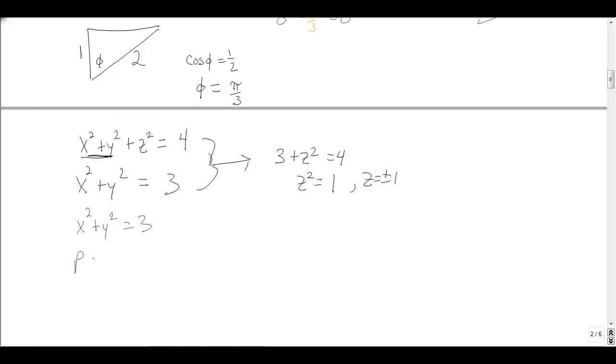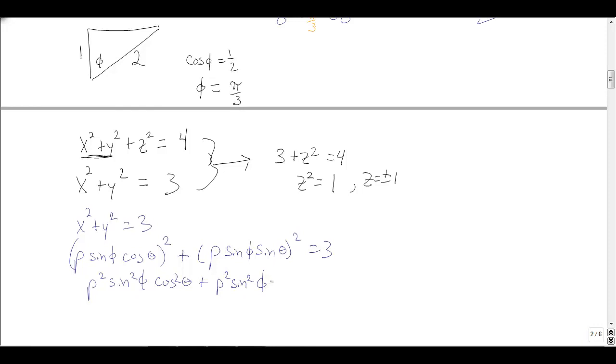So x is rho sine phi cosine theta, squared, plus y is rho sine phi sine theta, which should be squared as well, and that should equal 3. And what you get is rho squared sine squared phi cosine squared theta plus rho squared sine squared phi sine squared theta equals 3.